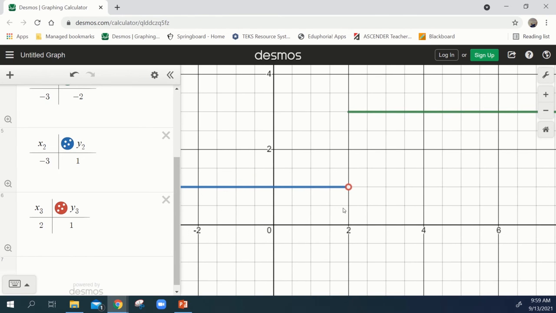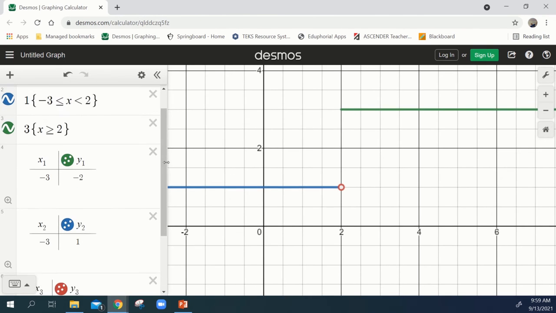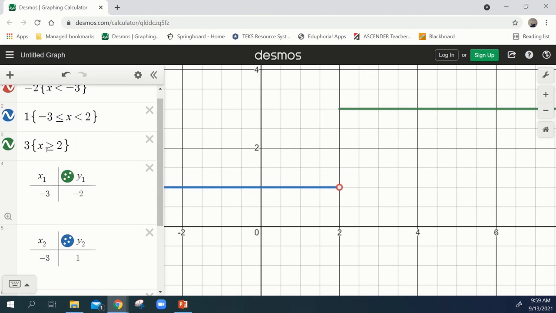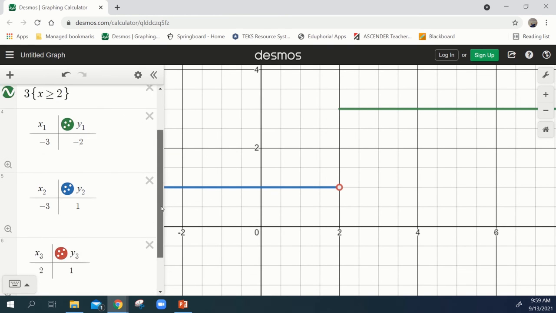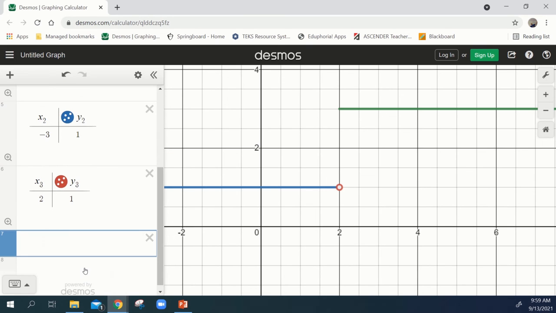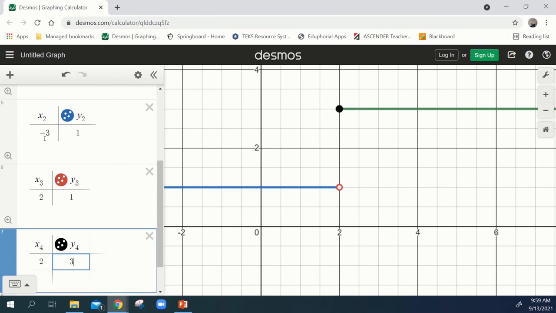Then when we get over here to the green, we clearly see x is greater than or equal to 2, so this is going to be a solid dot. I'm going to put another point there, and that's going to give me a solid point at 2 by 3. We're just going to leave that solid.